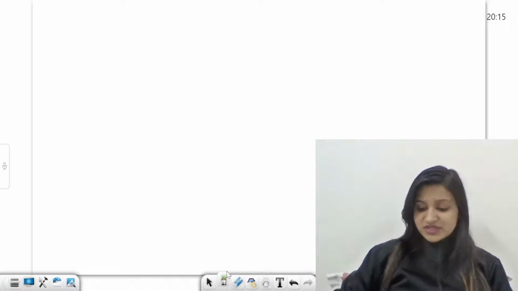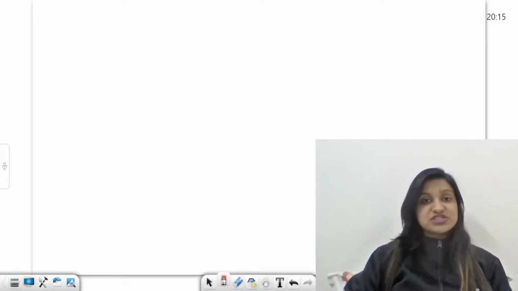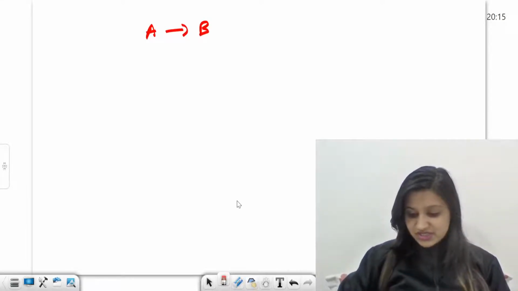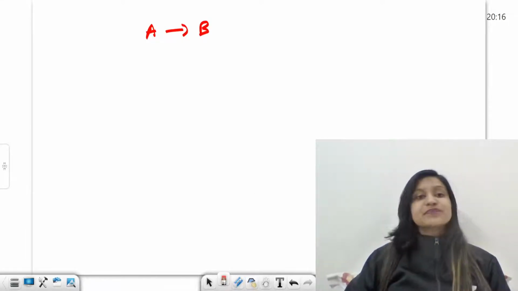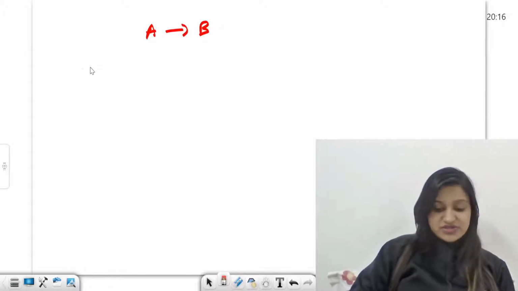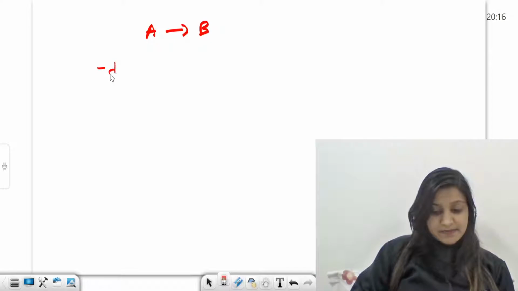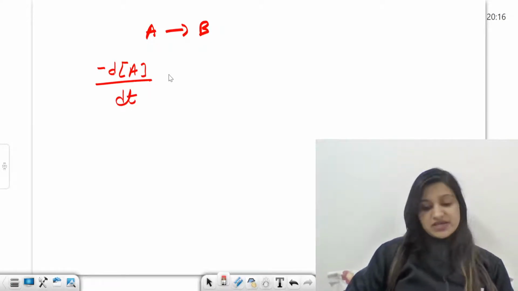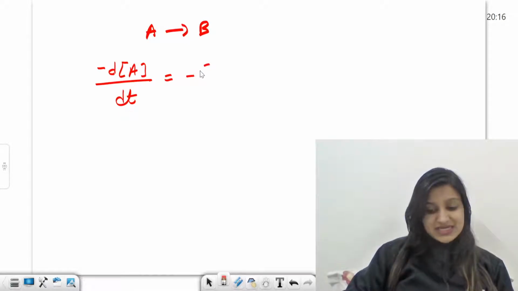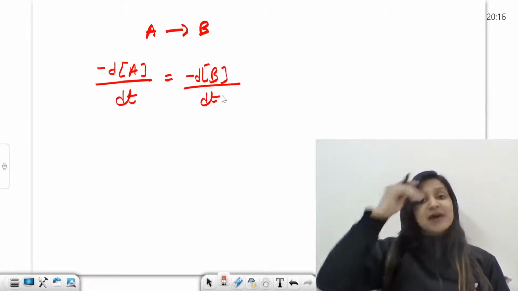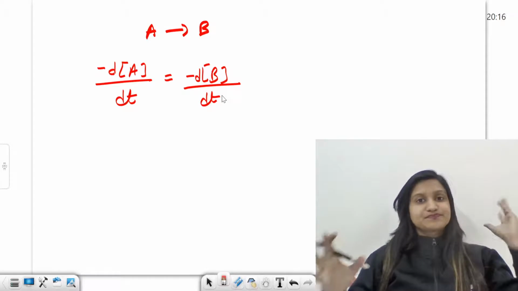We saw that for a very simple reaction, A gives you B, how do you write the rate of disappearance of A? You write minus dA over dt, which is equal to dB by dt, where A and B denote concentrations.